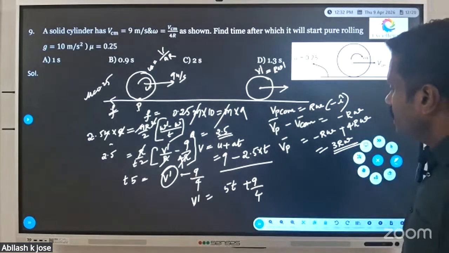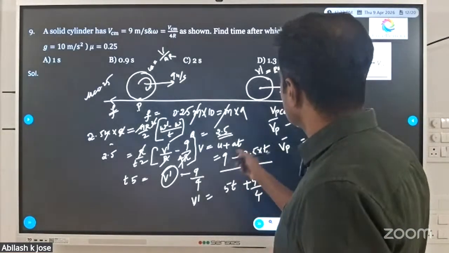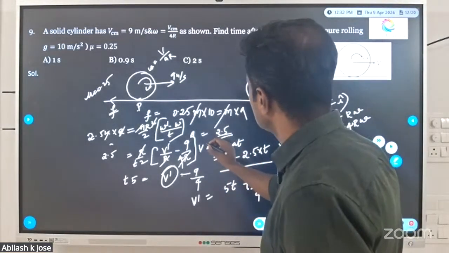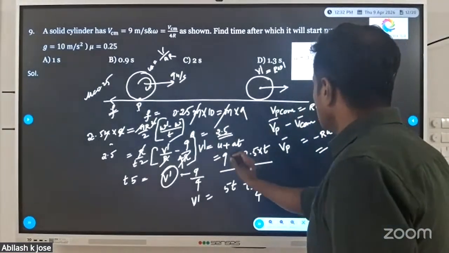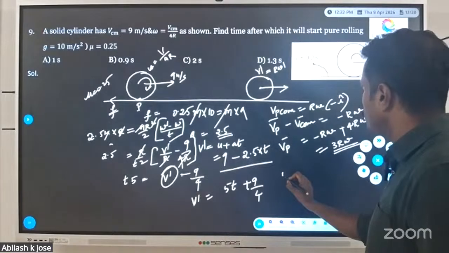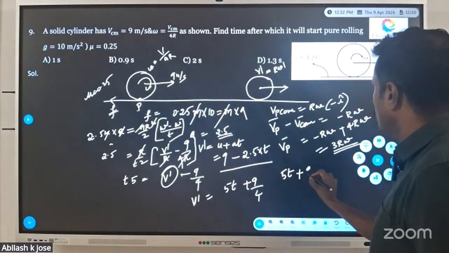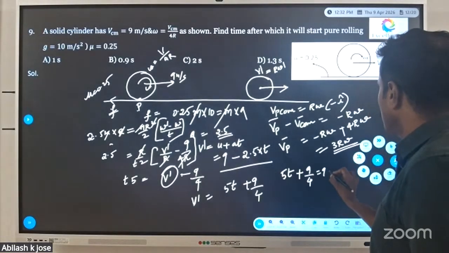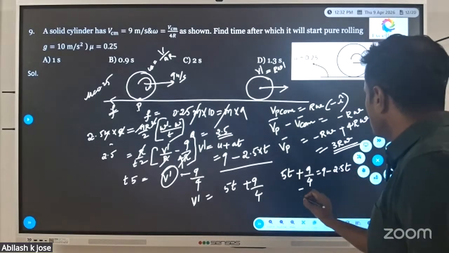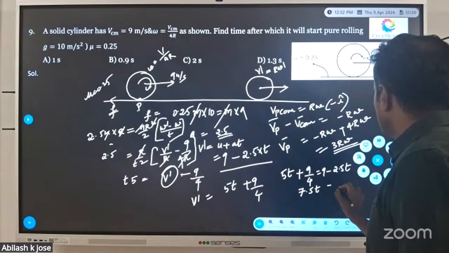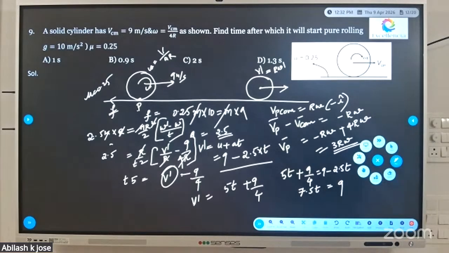Now take this v dash to the second equation. This is actually v dash final. So substitute the value of v dash in equation two, and we get 5t plus 9 by 4 is equal to 9 minus 2.5t. Bring it here, 7.5t is equal to 9 minus 9 by 4.